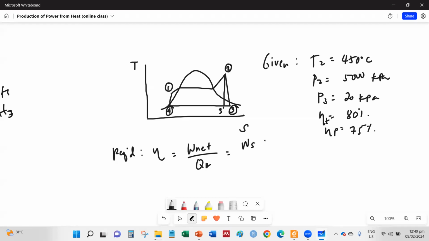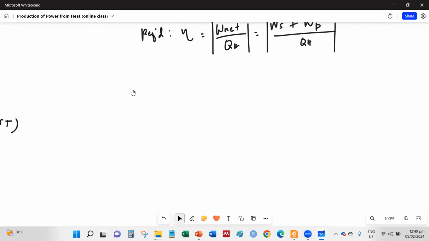So it's the work produced by the turbine plus the work required by the pump over QH. By convention, this would have a negative value and this would be a positive value, and we're going to take the absolute value of that.